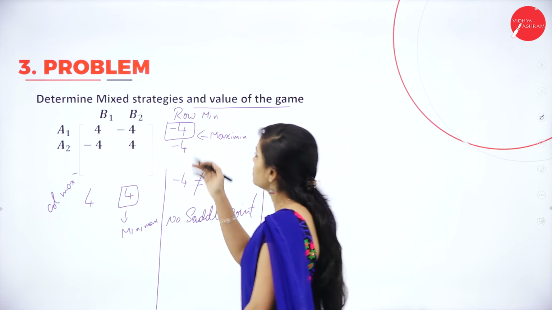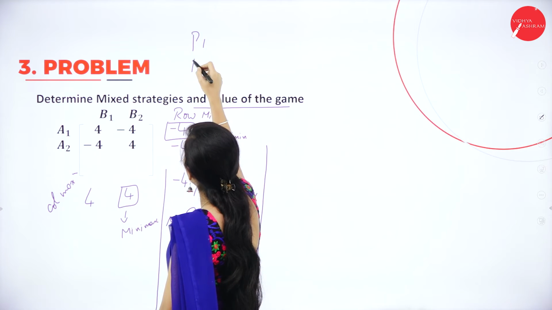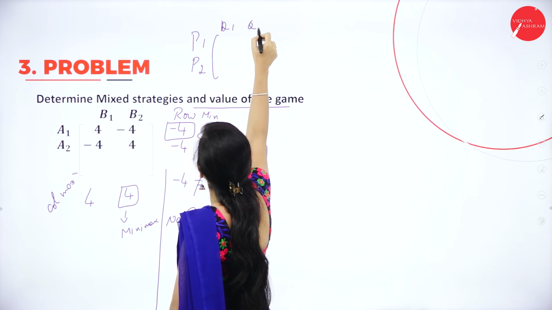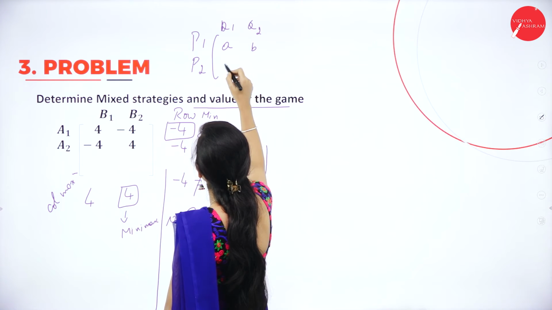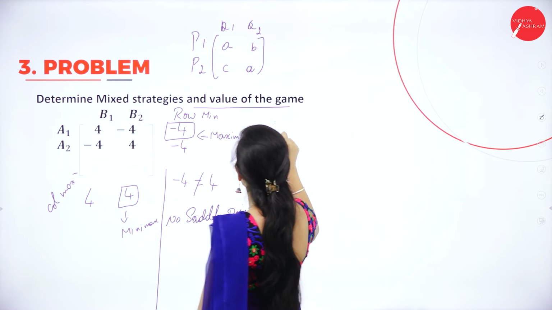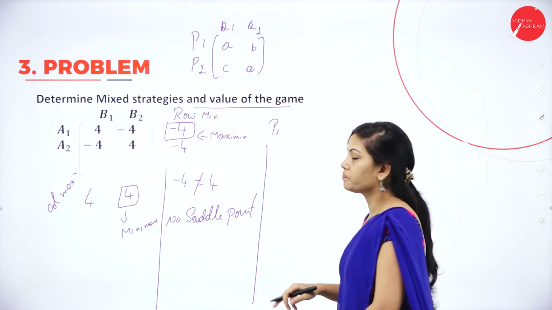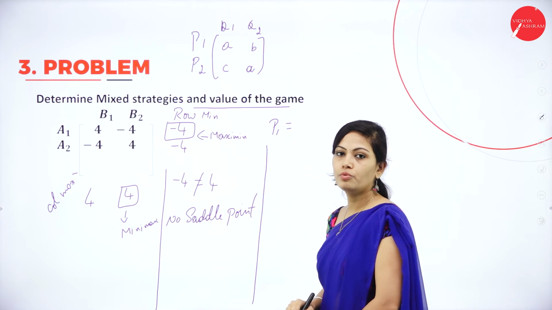So what is the next step? So by using P1, P2 and Q1, Q2, so A, B, C, D, now you can find the optimal strategy for player A and player B. So P1 is equal to, what is the formula?